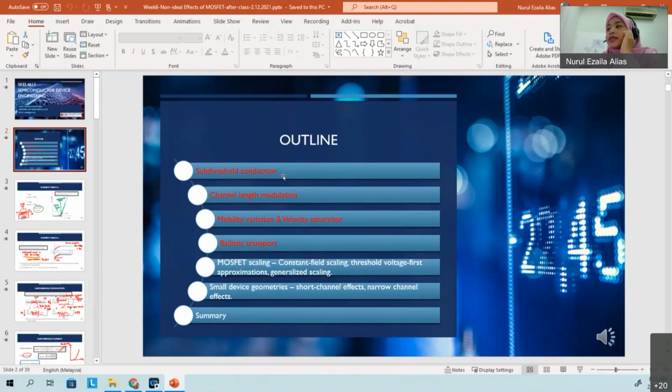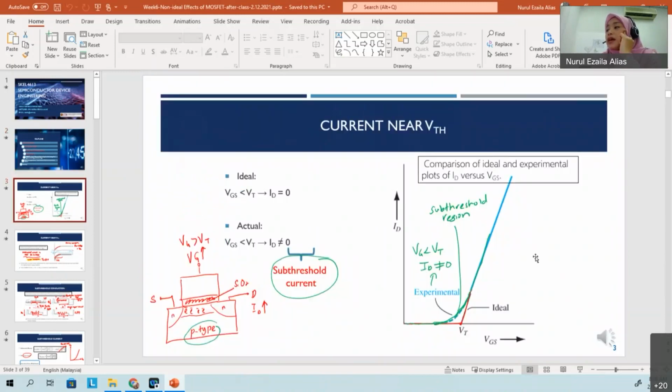So subthreshold conduction happens when, so this is your IV characteristic. The ideal one means that you apply the gate voltage. This is for the case of N channel. You apply gate voltage greater than 0, and you also apply drain voltage.